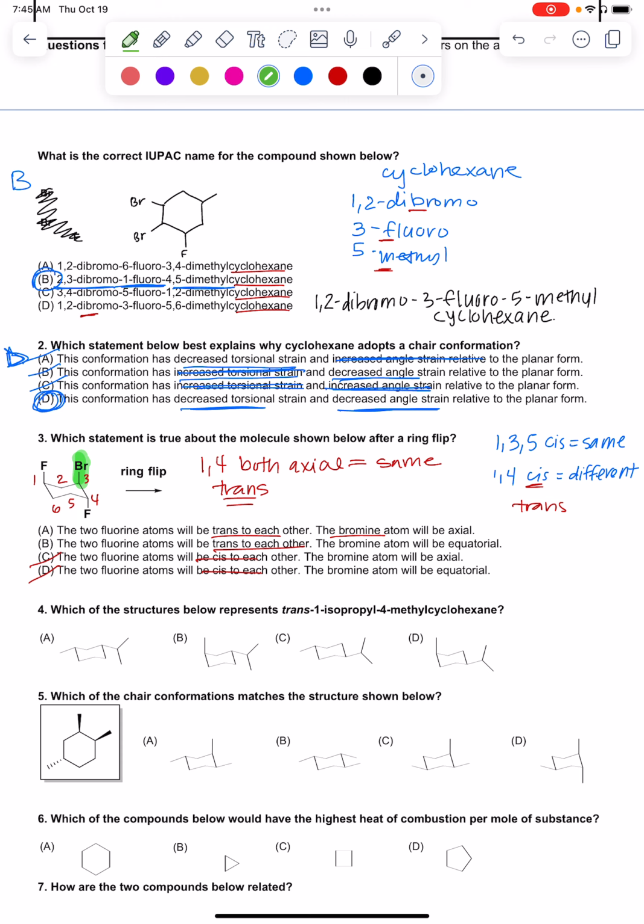So now we should get that bromine, it was axial, it's going to flip, it should be equatorial. So now we can say that one says axial, that one says equatorial, this one's wrong, it can't be A, it must be B. And that's because the two fluorine atoms are trans to each other and the bromine atoms will be equatorial.